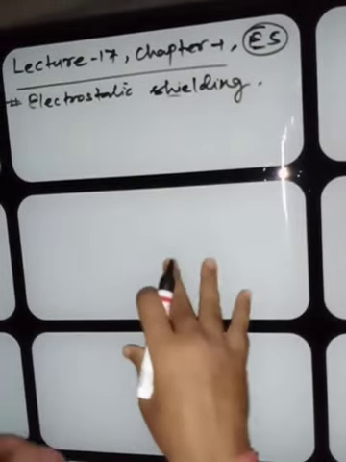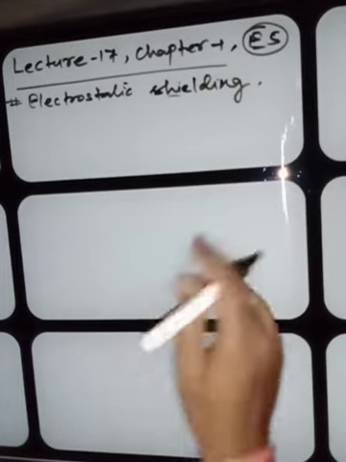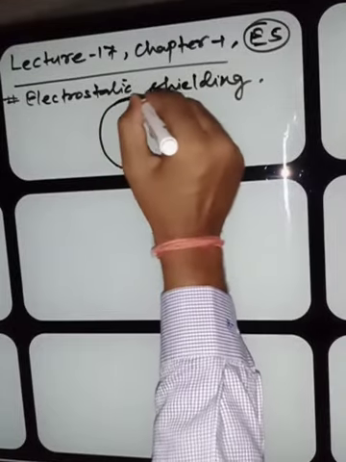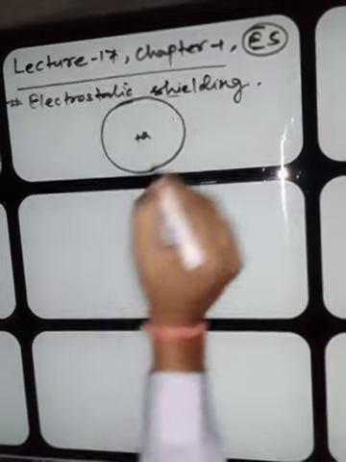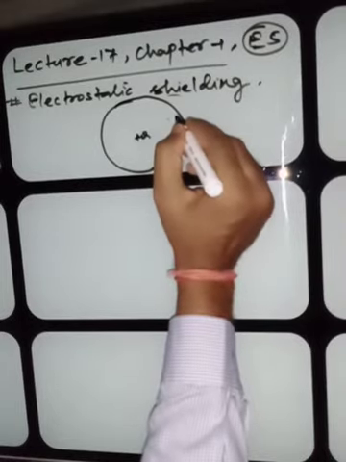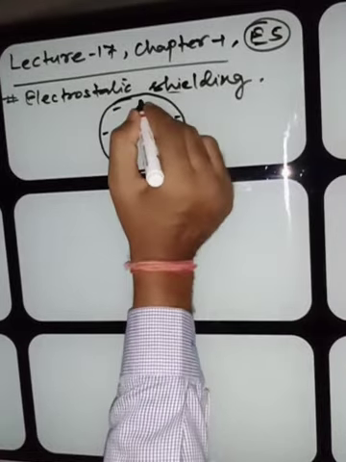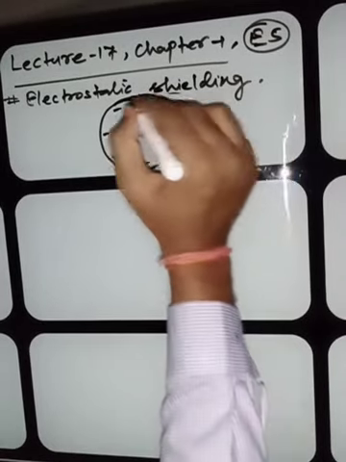Now the next point: remember, net charge and net field inside the conductor are 0, but it doesn't mean that there will be no electric field lines. This is the conductor, and this is plus Q. Of course, minus charge will be induced at the inner surface of the conductor, and plus charge on the outer surface.